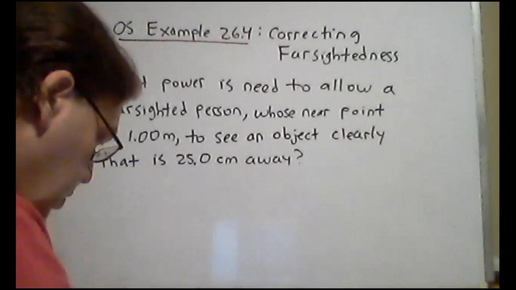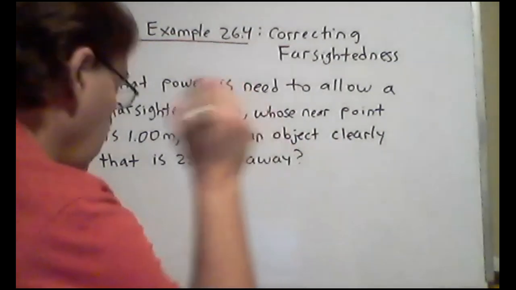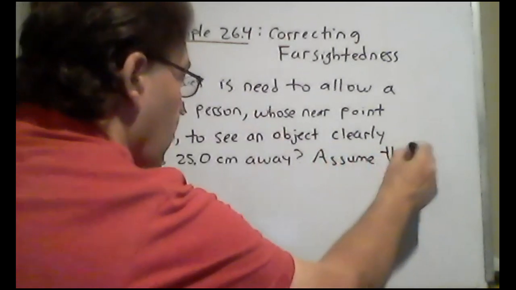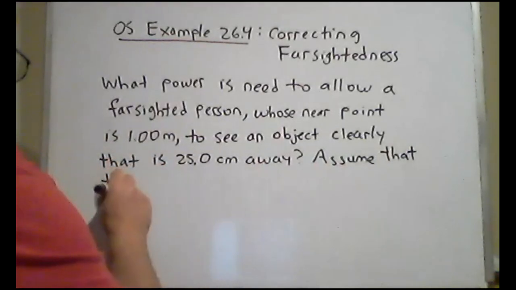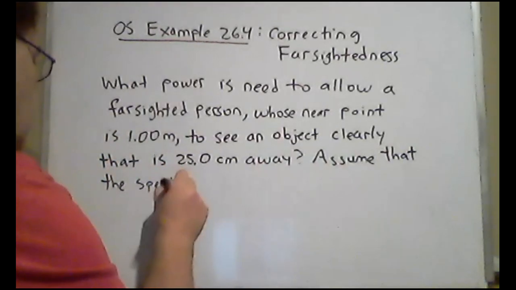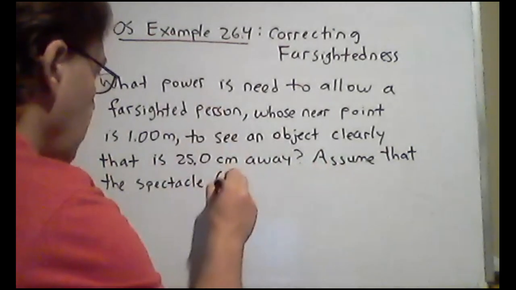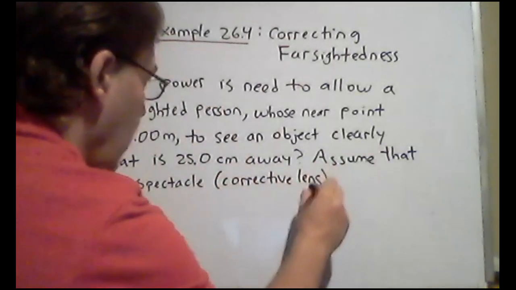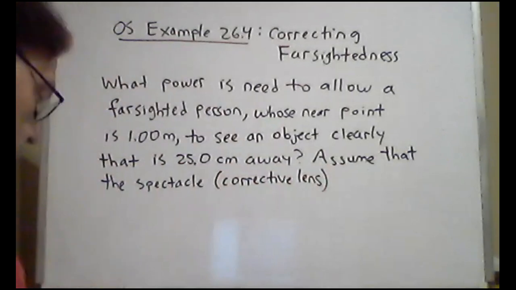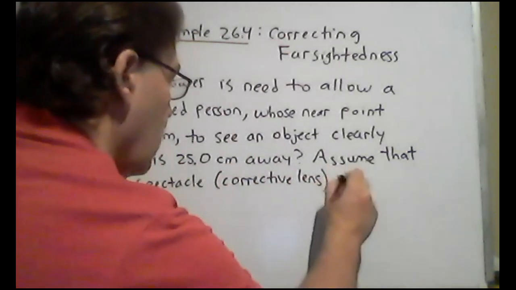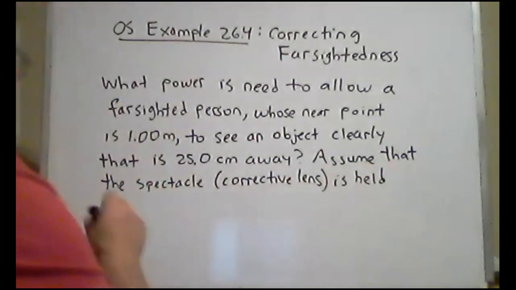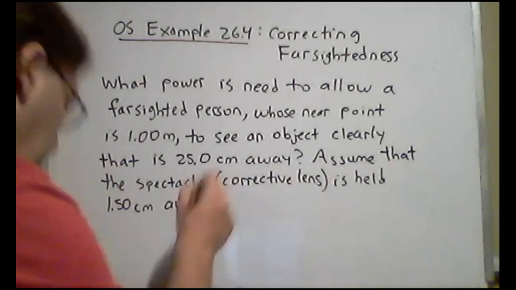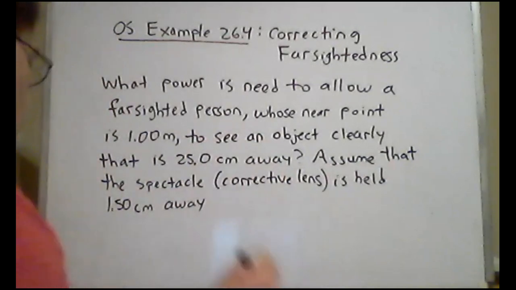Okay. Assume the spectacle or corrective lens, again, same thing as we said before, is held 1.50 centimeters away from the eye by eyeglass frames.